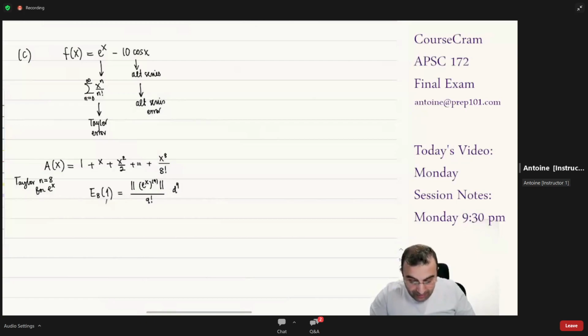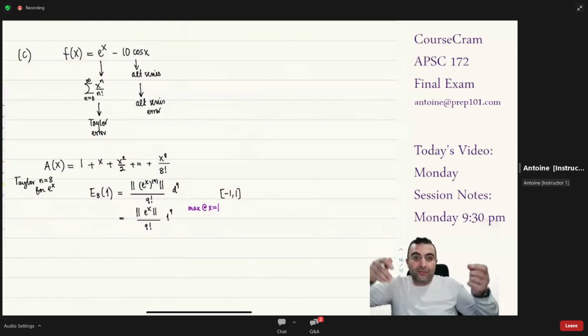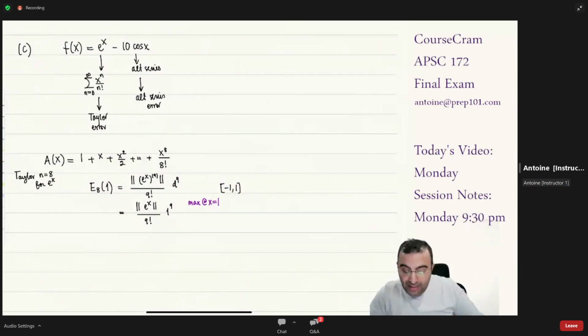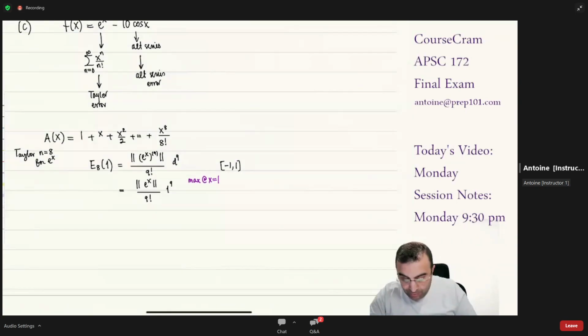We agreed that d is equal to 1, and we know that this is the maximum value of e to the x, all divided by 9 factorial times 1 to the 9. The ninth derivative of e to the x is e to the x. And if we're looking on the interval minus 1 to 1, what gives me the maximum value on this interval? The maximum value is at x equals 1.